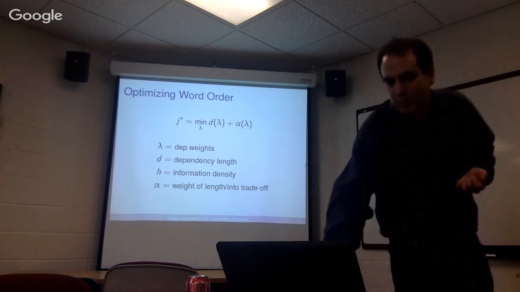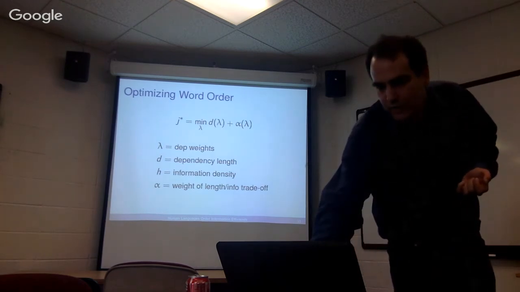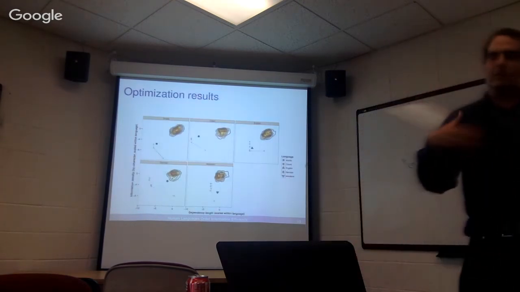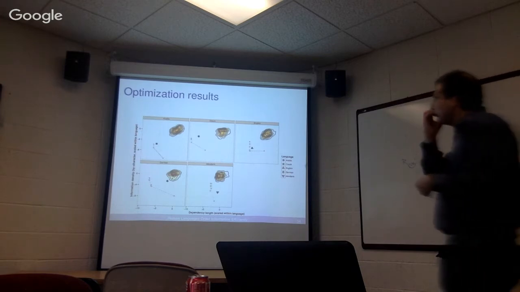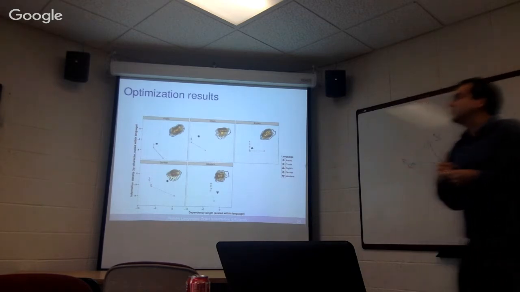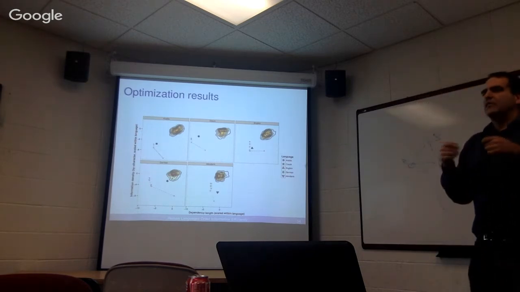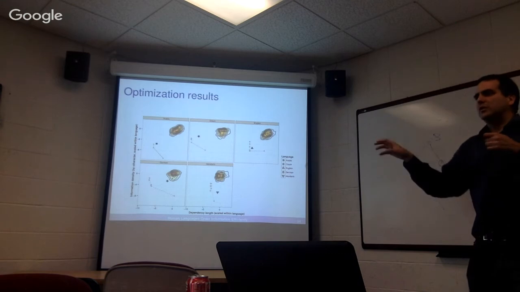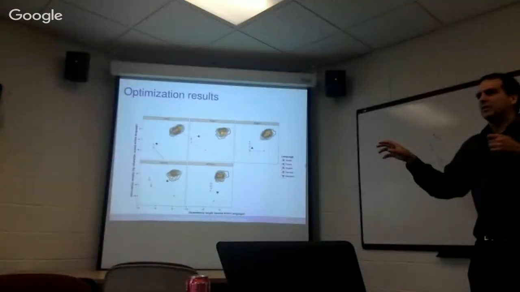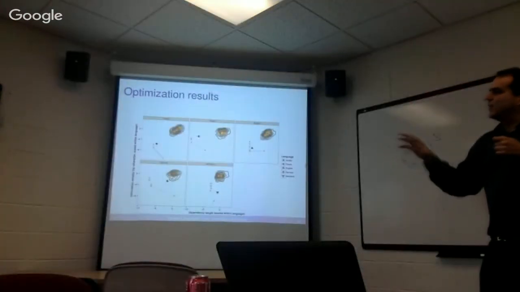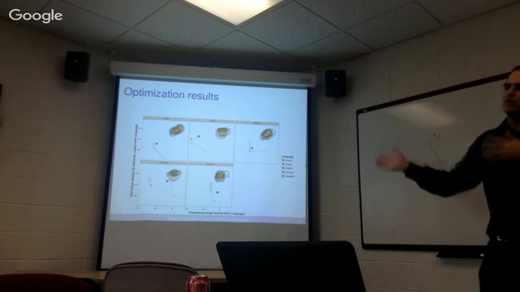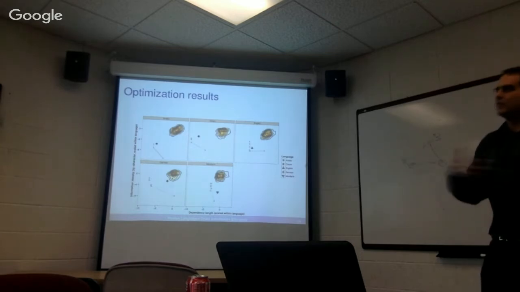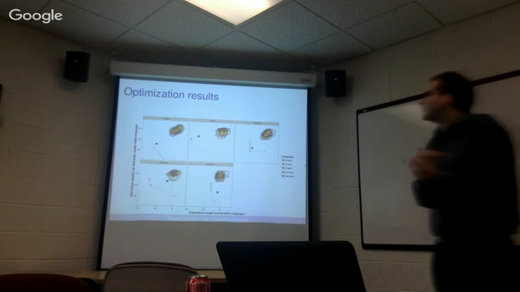So alpha is the weight of that trade-off. And so the optimization procedure is the same. It's more expensive computationally because if you remember the part where I said you can only look at the sentences that happen to reorder, you can't do that anymore because now all of the n-gram probabilities have changed. So you have to recompute the n-gram probabilities for every sentence.